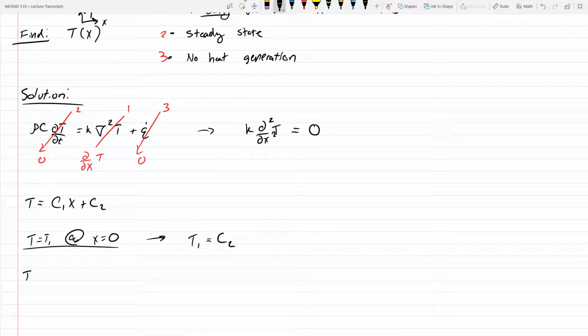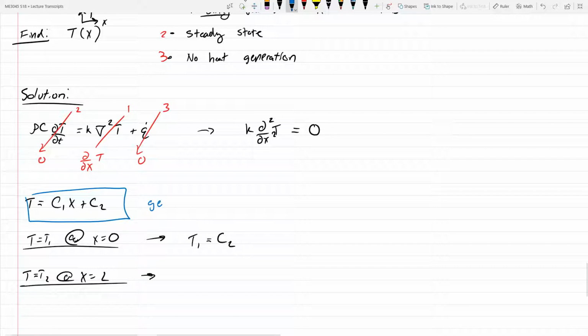We also know that T equals T2 at x equals L. So plugging that into our general solution, we're finding the particular one: if we plug in x equals L, we end up with T is equal to C1 times L plus T1, just equal T2.